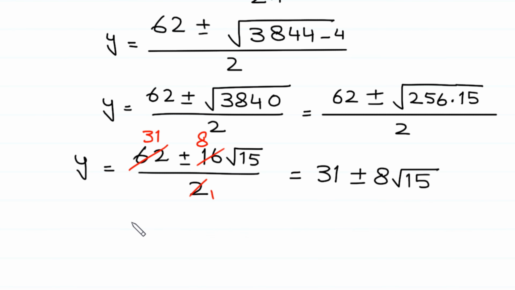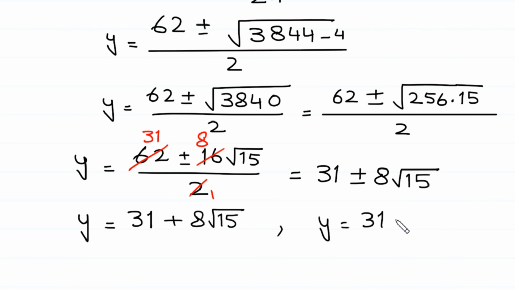It means y has two values. y is equal to 31 plus 8 times square root of 15 and y is equal to 31 minus 8 times square root of 15.